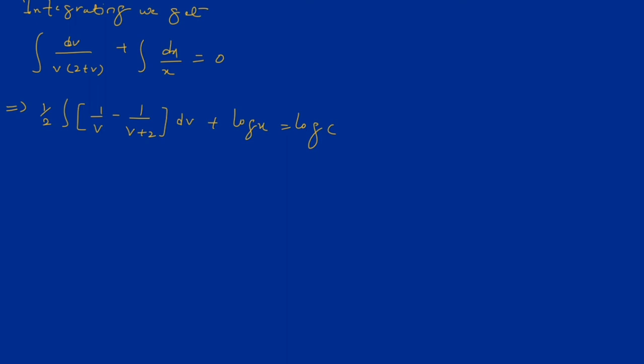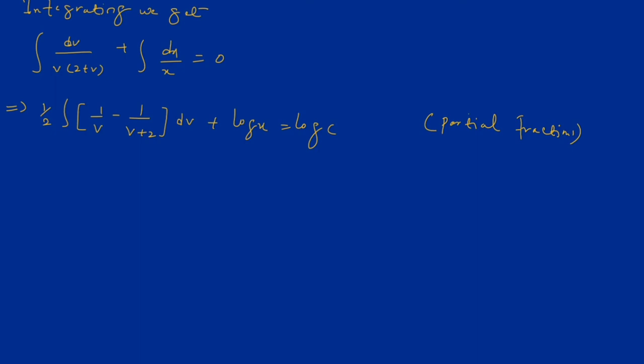By partial fractions, if you simplify this, what you get here is 1 upon v (2 plus v), right?